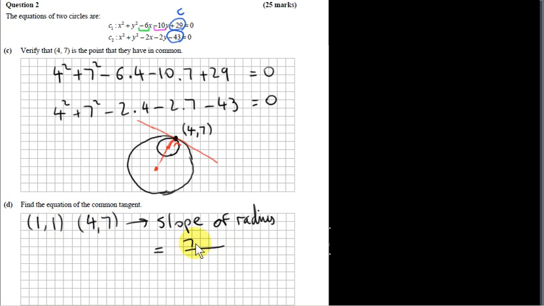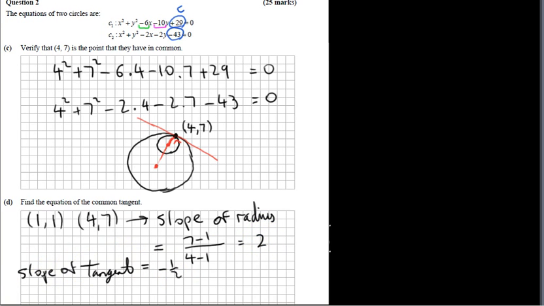So we have 7 minus 1 over 4 minus 1, or y2 minus y1 over x2 minus x1. So this is 6 over 3, which is 2. So that means that slope of tangent is minus a half. So we just take plus 2, invert it, and change the sign.